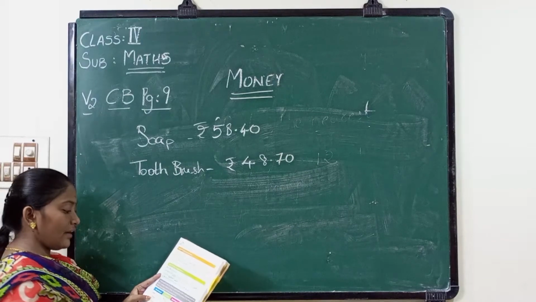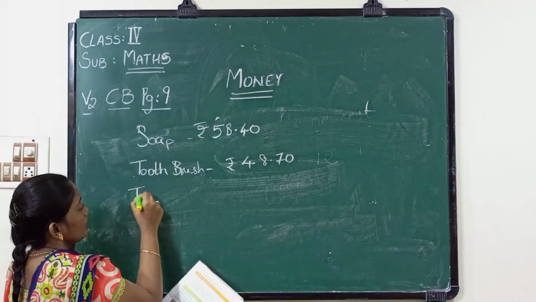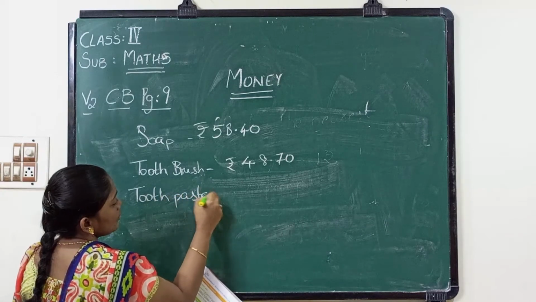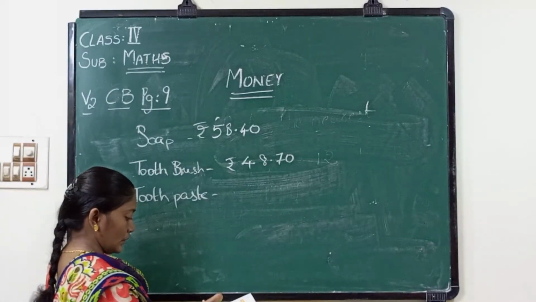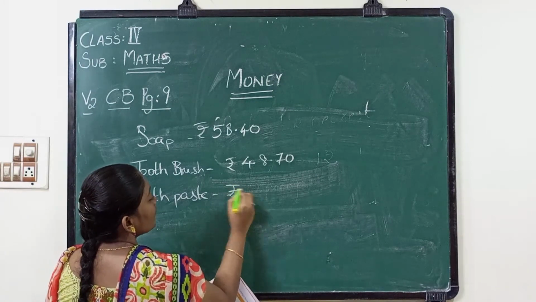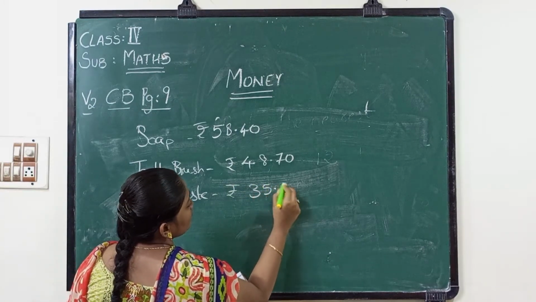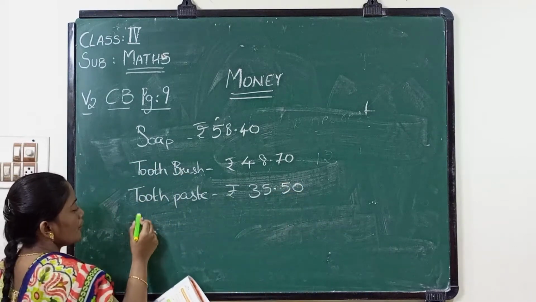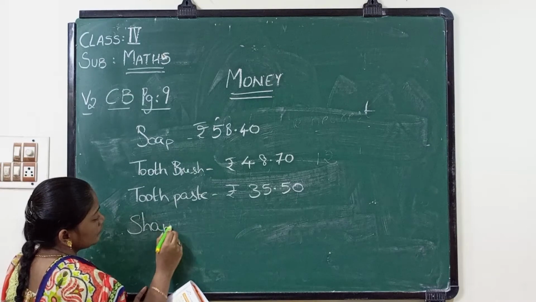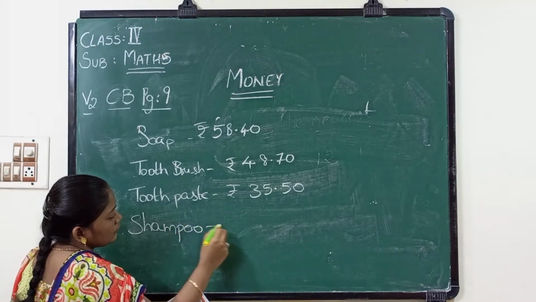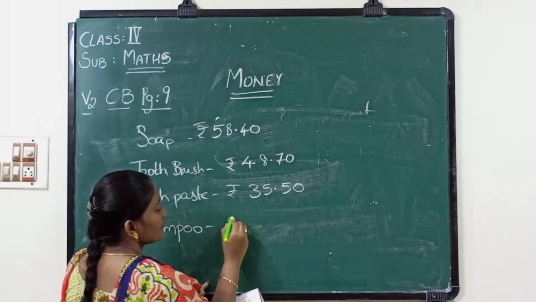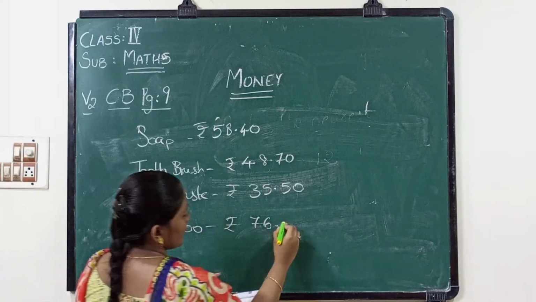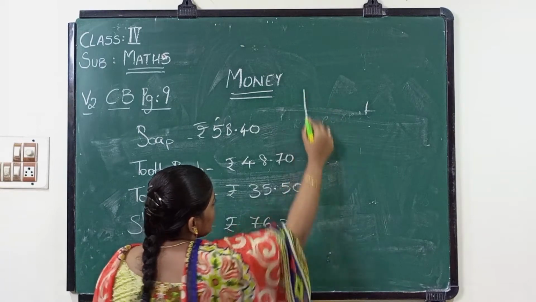Toothpaste with the cost of 35 rupees 50 pies. Next one, shampoo bottle, with the cost of 76 rupees 30 pies.